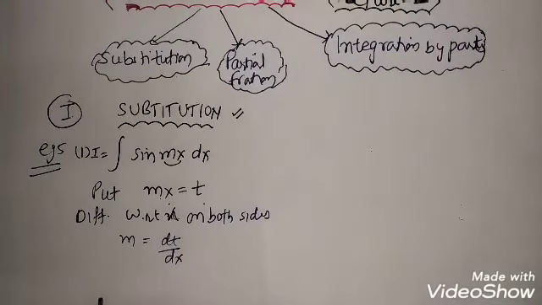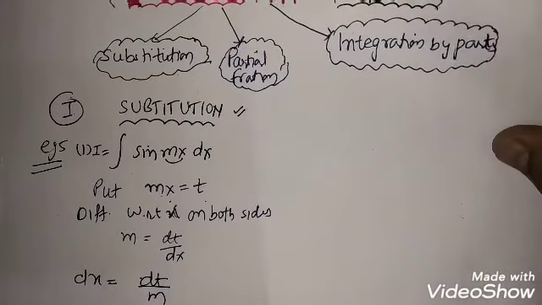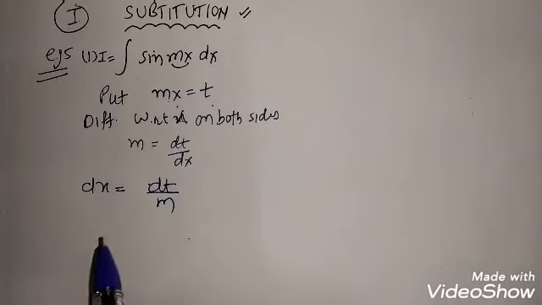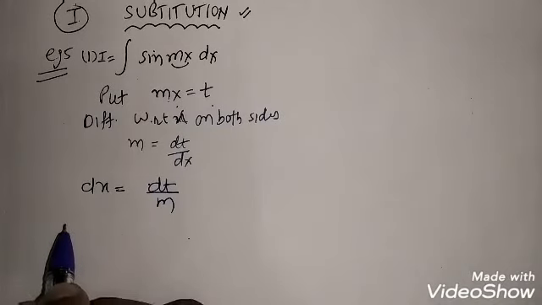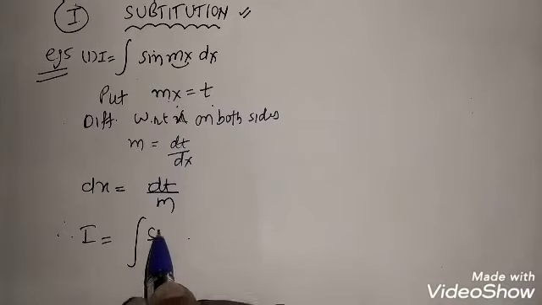So the value of dx is dt upon m. Hope you are getting the point. dx equal to dt upon m. It's quite easy. Then put, therefore integral is equal to sine.